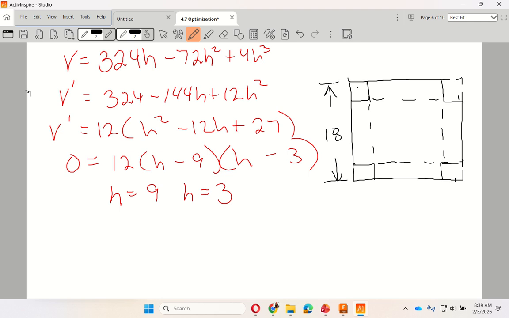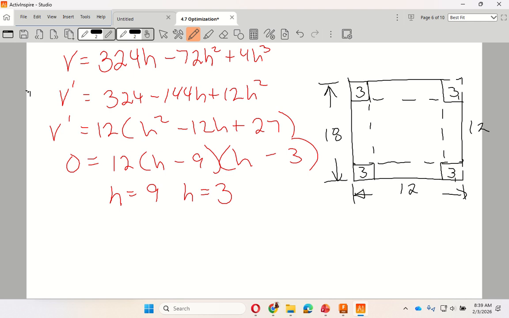And let's try the 3. So my whole thing is supposed to, again, be 18. So what am I going to have here? If it's going to be 3 and 3, that means this value will be 12, and this one right in here is also going to be 12.